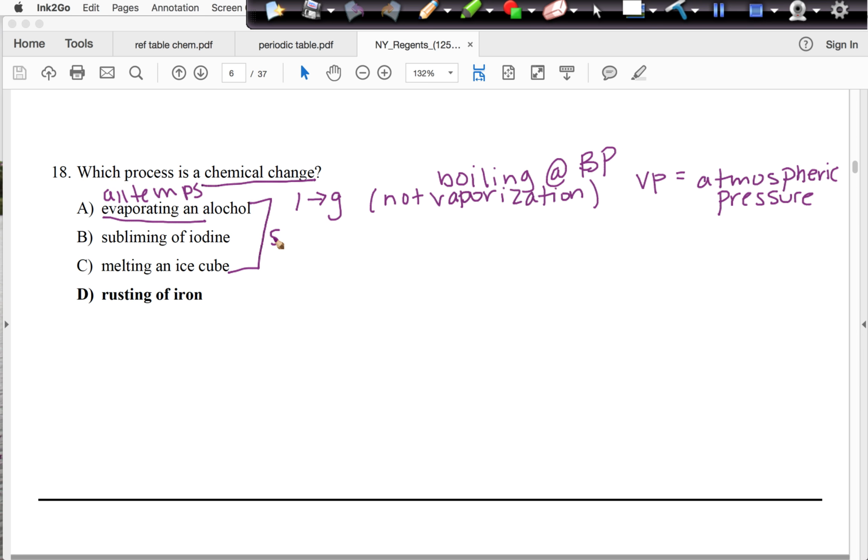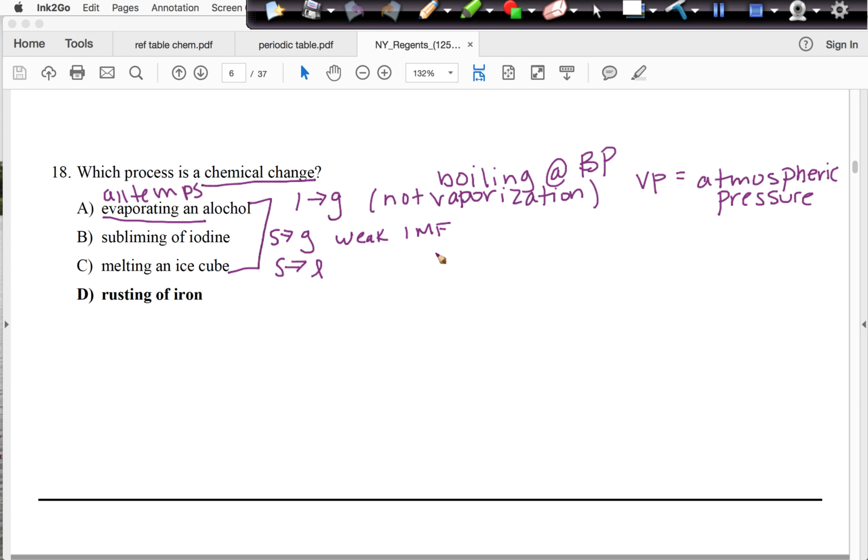Subliming, remember, is solid directly to gas without going through the liquid first. Things that sublime usually have weak intermolecular forces of attraction. Melting, remember, is solid to liquid, and that, again, is a phase change.